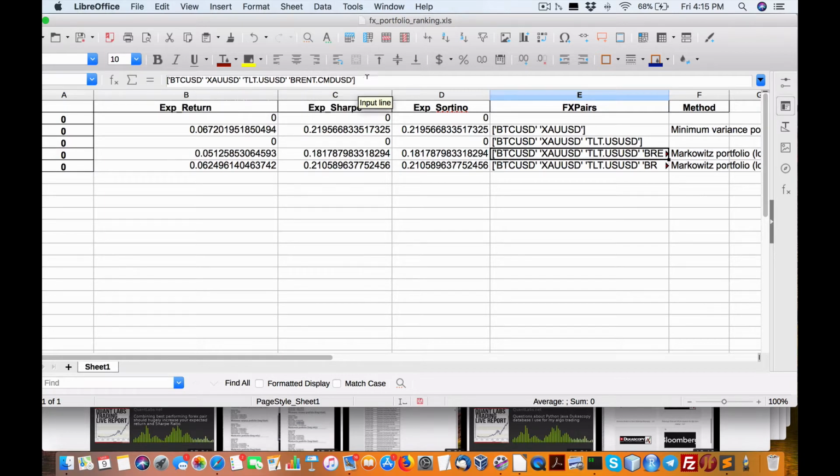Now, remember, this is using data from Dukascopy, open, high, low, close data, and that is actually CFDs. These are not actual future products or underlying, but these are CFDs as reported by Dukascopy. So I want you to understand that.